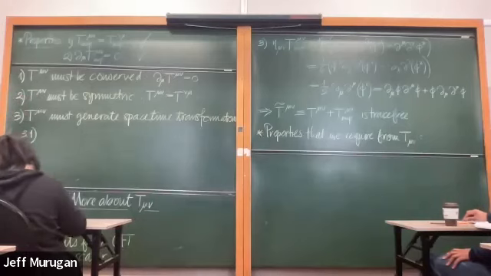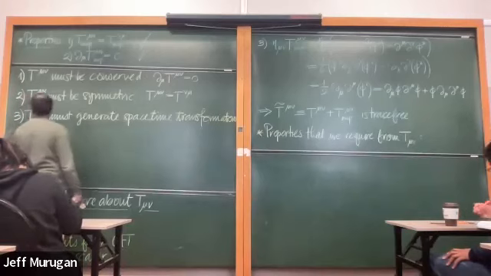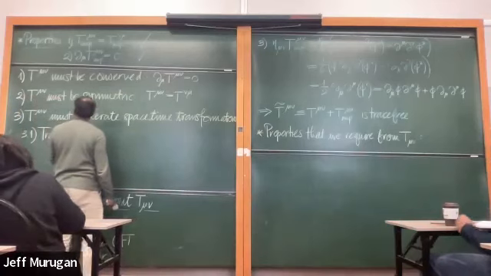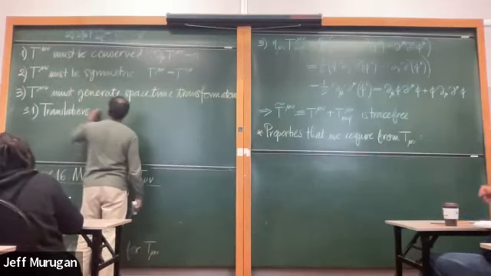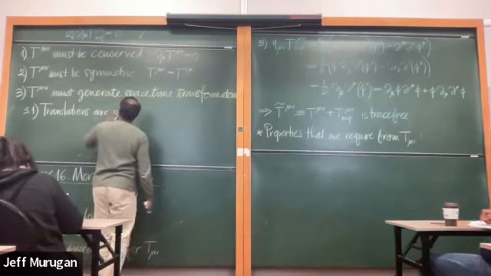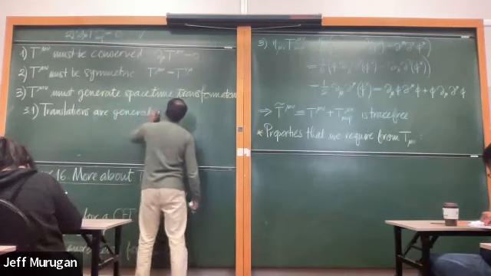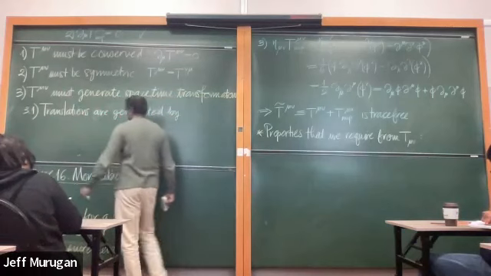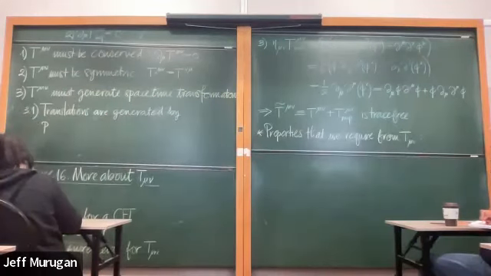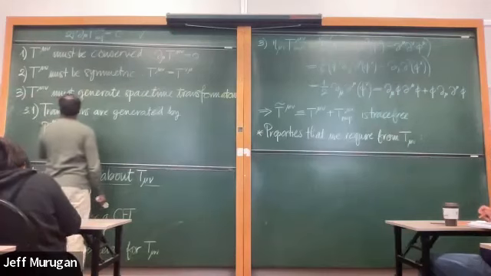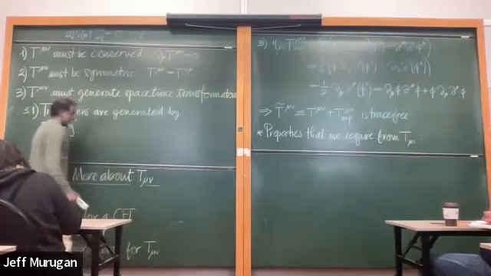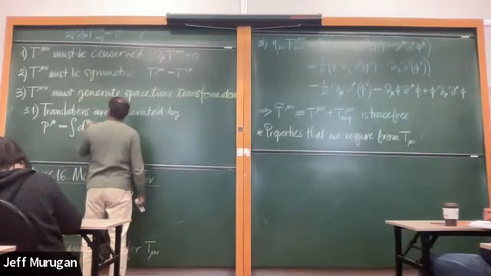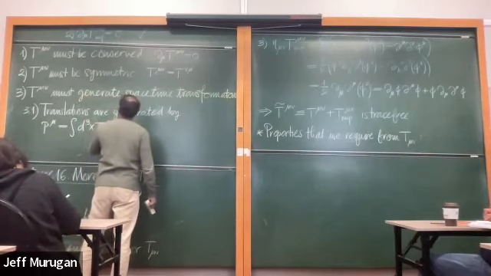Well, translations in space and time are generated by the operator P. But P is in fact nothing but the spatial integral of T mu naught.